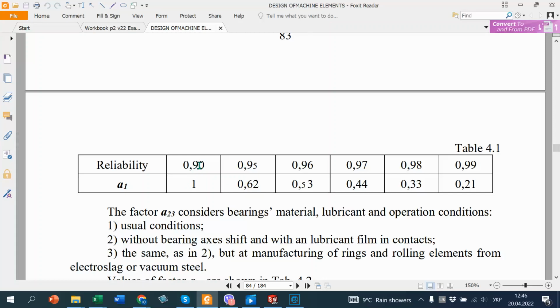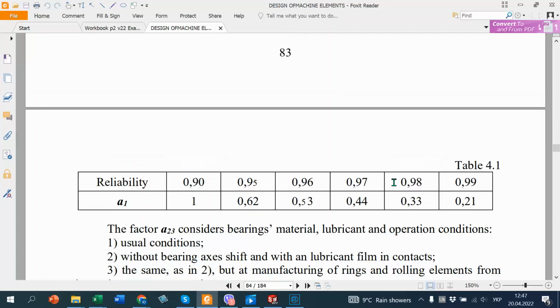And if we need to increase reliability, if we use bearings in a place where their damage may have tragic consequences, we need to increase reliability. In such case, A1 decreases, and it means that we have a bigger bearing.